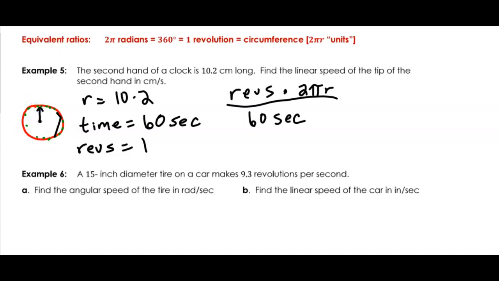That's just going to be your circumference, so that's why we're using this 2 pi r. Then all you have to do is fill it in: 1 revolution per 60 seconds times 2 pi times our radius, which is 10.2.